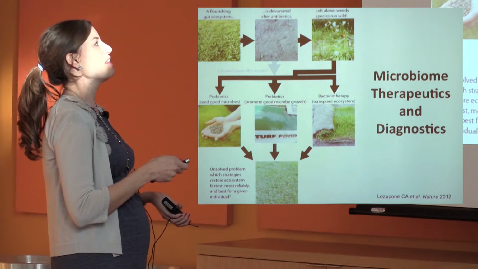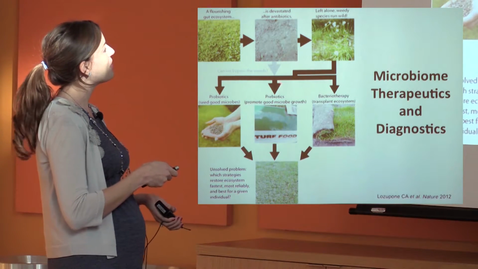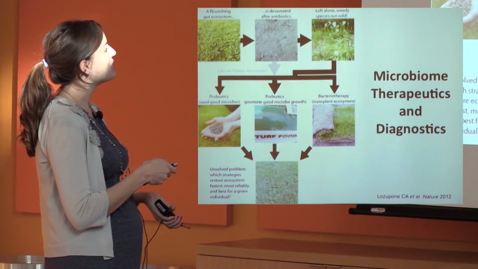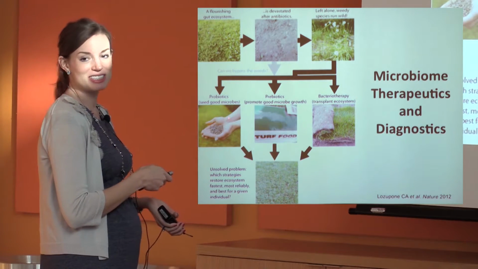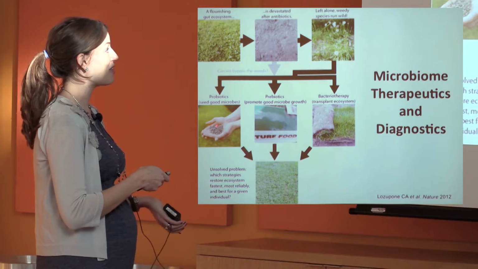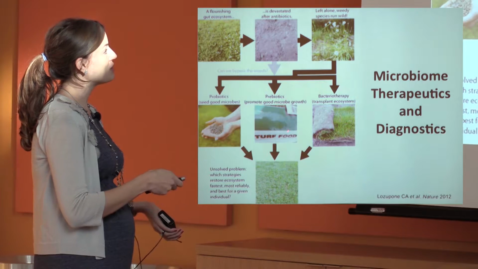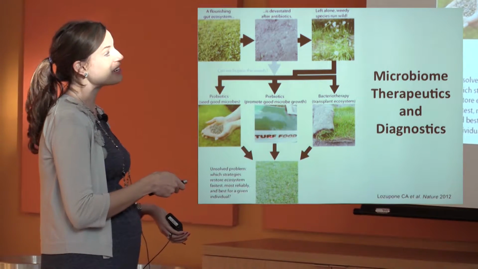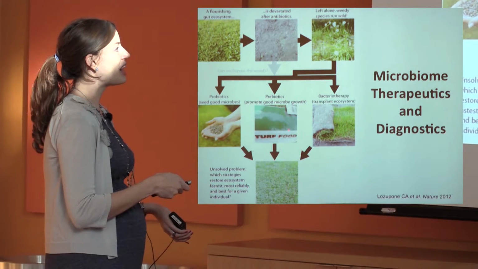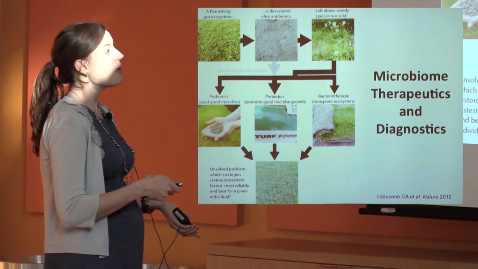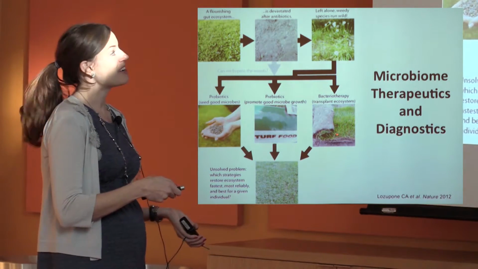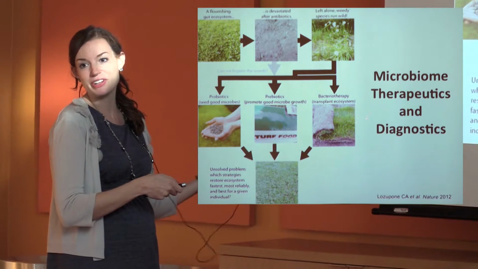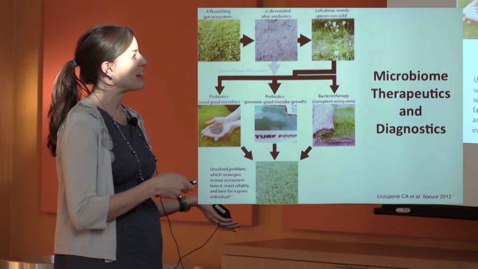So how can we avoid this? You can use probiotics, which is seed, your good microbes. You can use prebiotics to promote good microbial growth, which would be a type of fertilizer, for example. Or you can just transplant the entire ecosystem, which is the equivalent of a fecal microbiome transplant.